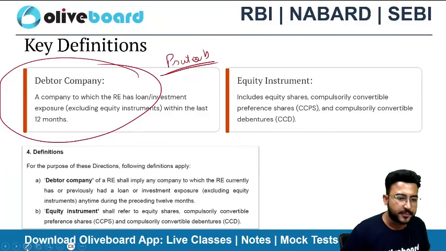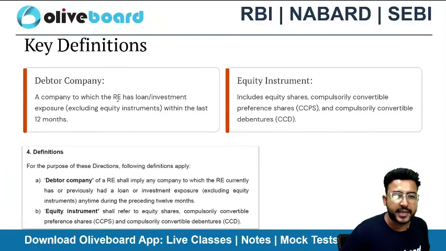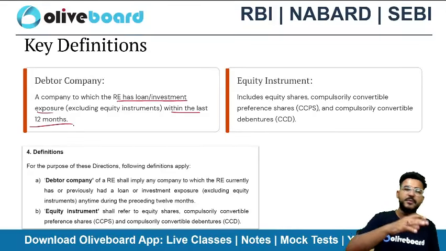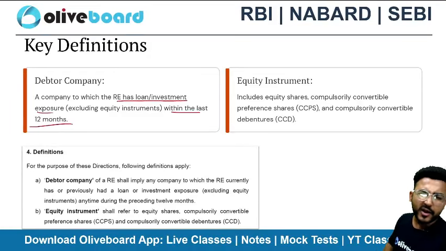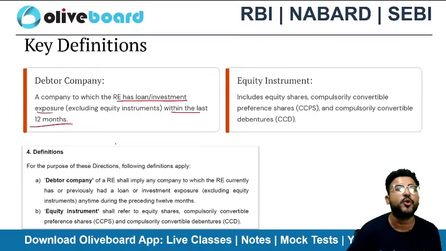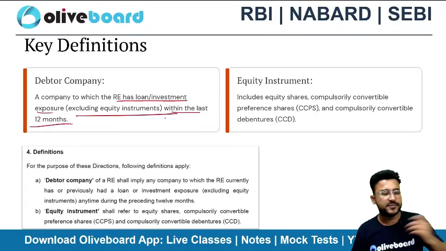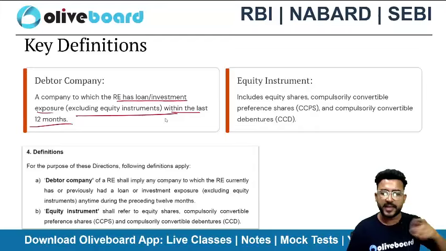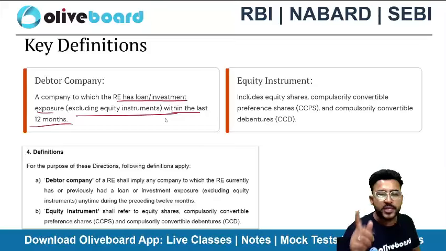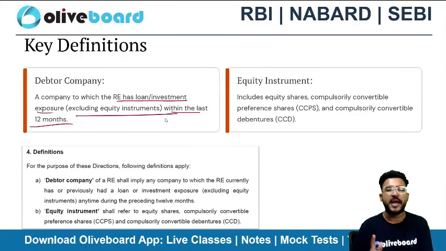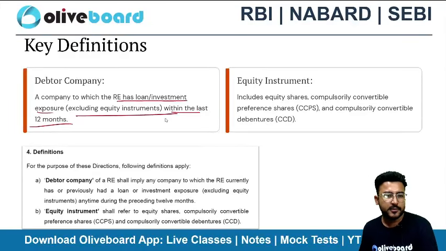So debtor company: a company to which the RE has given a loan or investment exposure within the last 12 months. If HDFC Bank has given any kind of loan or investment exposure excluding equity. If HDFC Bank has invested in my equity instrument, that's not at all a loan. That's ownership capital. Then RBI doesn't care.